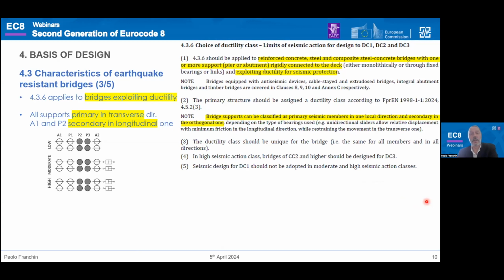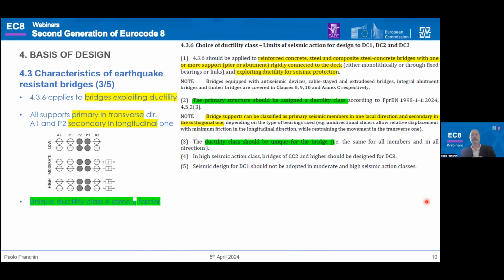For the case where you exploit ductility, like in all elements where you exploit ductility in the members, like in reinforced concrete piers, or as a means to satisfy performance requirements, like the one that we were showing before, the structure should be assigned a ductility class, and this ductility class should be unique for the bridge.